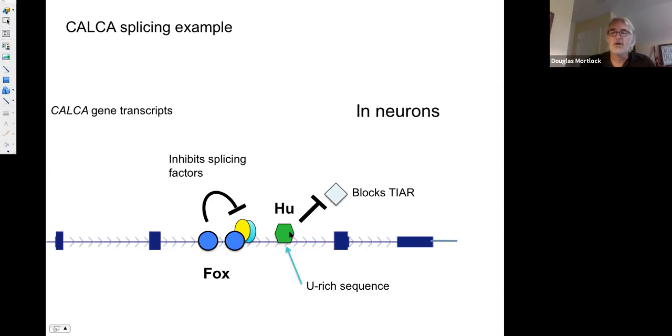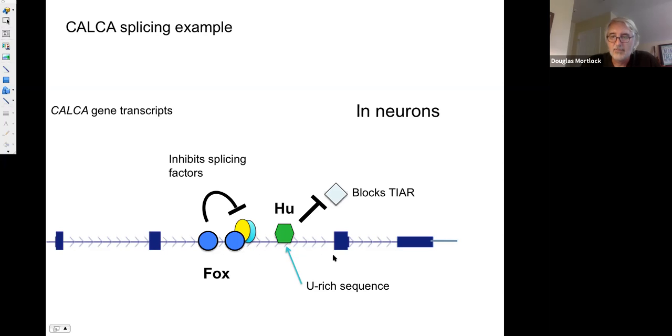Furthermore, there's a protein in the HU family of RNA binding proteins that also binds to this U-rich sequence, and it displaces the binding of TIAR, which is trying to encourage polyadenylation, but this does not happen. So the combined effort of these proteins means that splicing doesn't happen here, and polyadenylation and termination don't happen either.